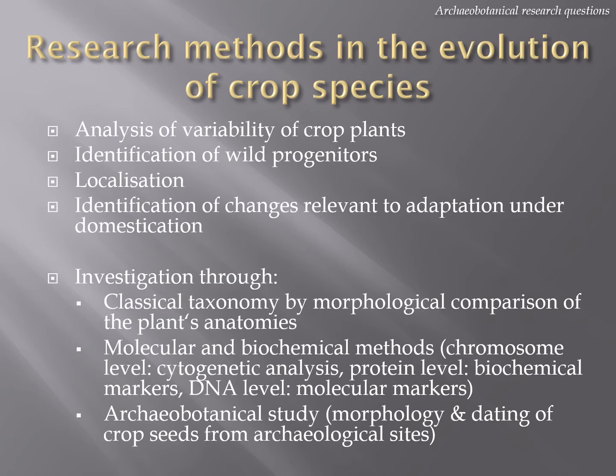While these were investigated in the past mostly through classical taxonomy by morphological comparison of the plants' anatomies, molecular and biochemical methods are more in use today. Only recently, archaeobotanical research has contributed considerably to the understanding of crop evolution through the morphological study and radiocarbon dating of early Neolithic cereal finds from archaeological sites.